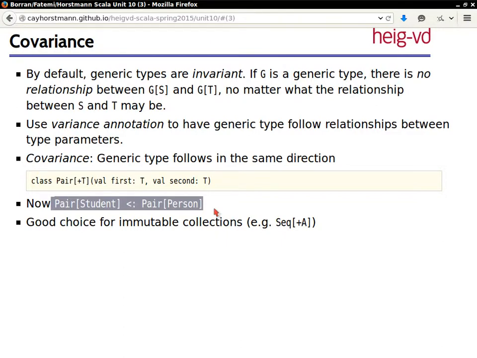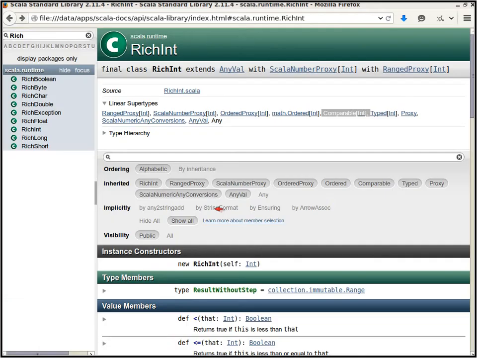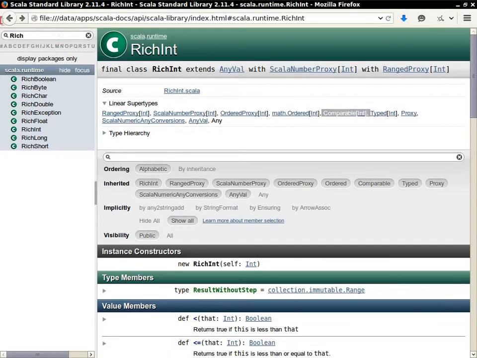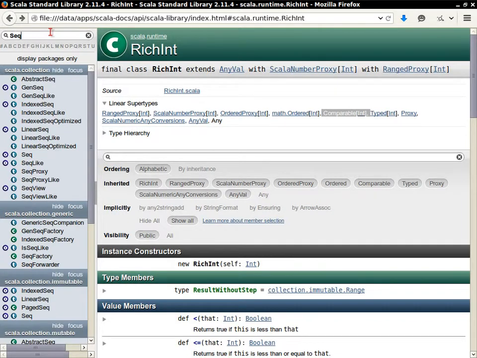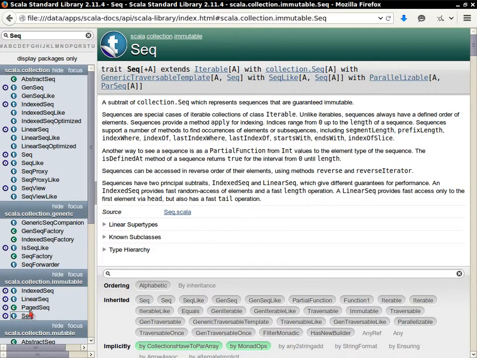And in general, this covariance is a good choice for immutable collections. So for example, the immutable sequence is declared to be covariant in its type parameter. If you look into the Scala doc, here you see the immutable sequence, and up here you see a plus A, which means that it has exactly that behavior.